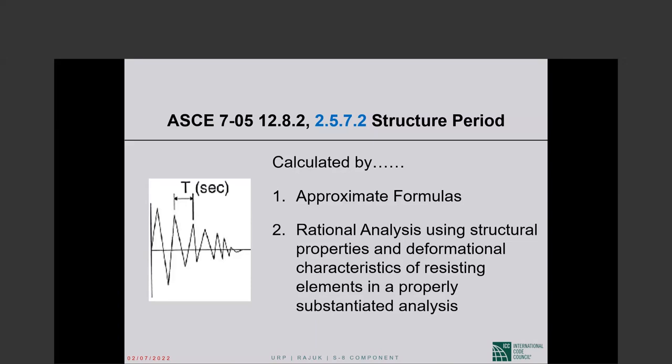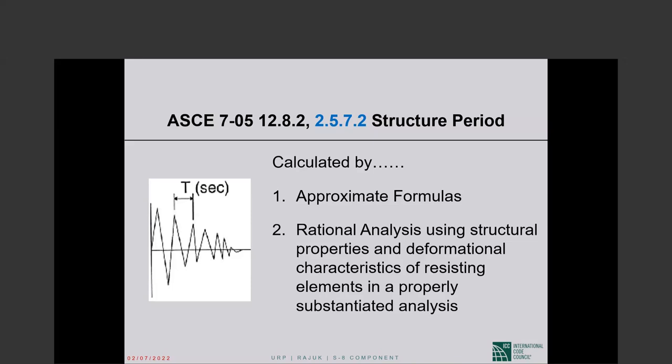And because of that, our codes have always given us approximate base shear, approximate period with which to get started. And that is denoted by T sub A. So you can start your seismic design by T sub A. And once you have gone part way through the design, you can refine your period estimate if you so choose.